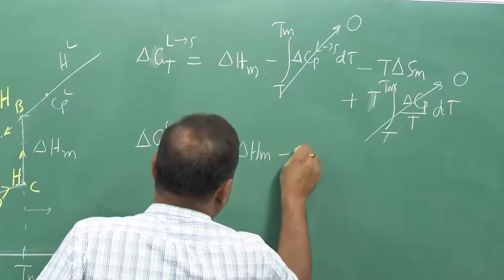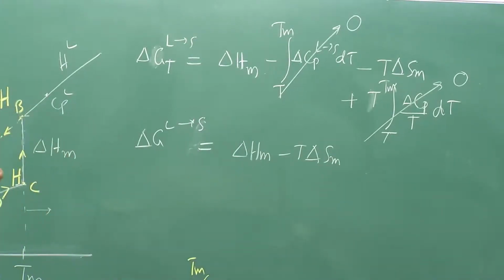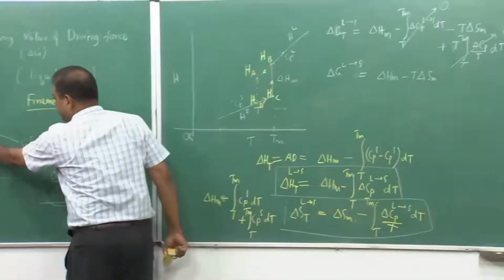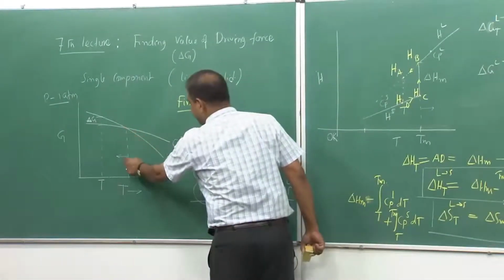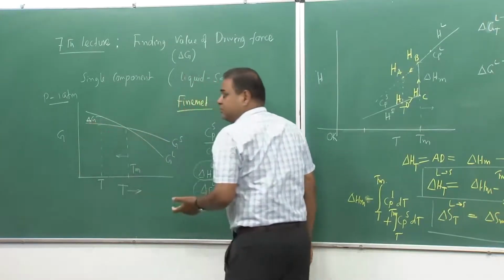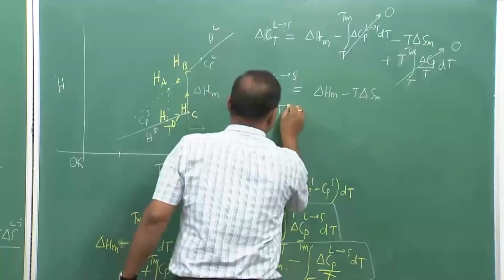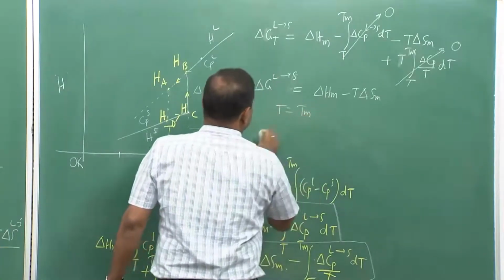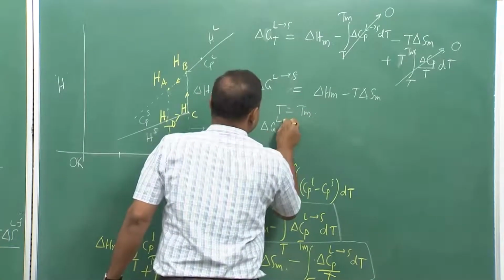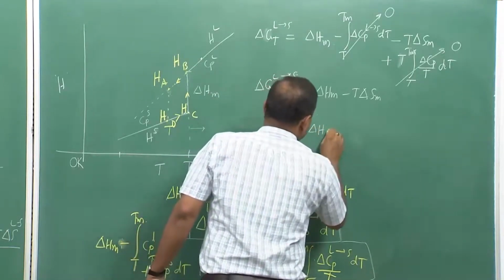Now, if we take the del G liquid to solid, then it is going to be del H m minus T del S m. If we see this particular diagram, we see that at melting point, this value is 0.